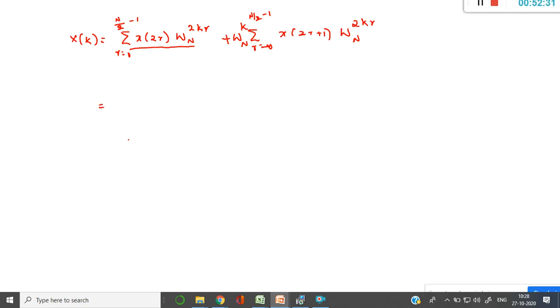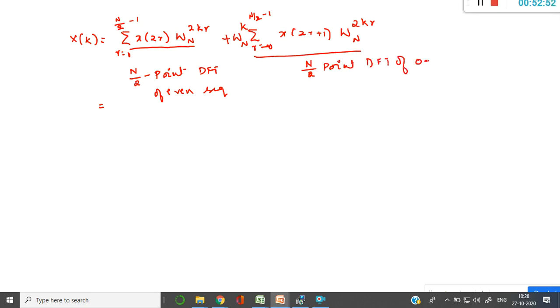Here it is the n by 2 point DFT of the even sequence, and this is the n by 2 point DFT of the odd sequence. Clear?